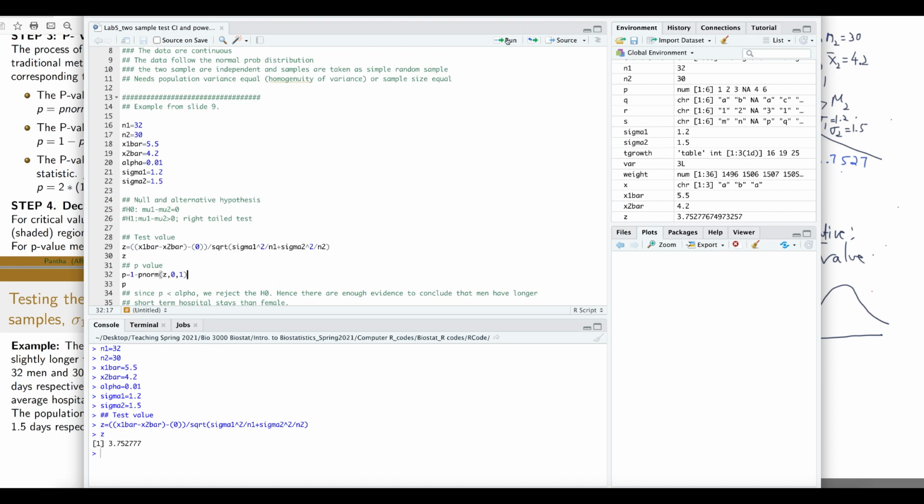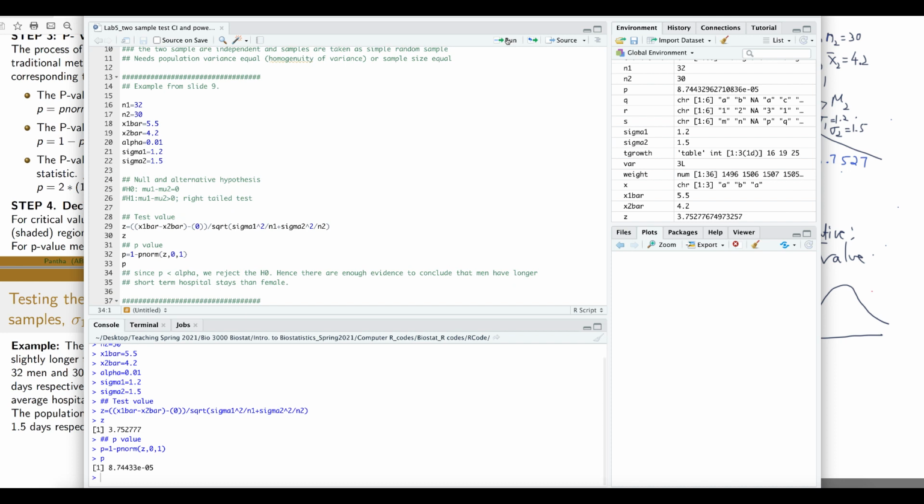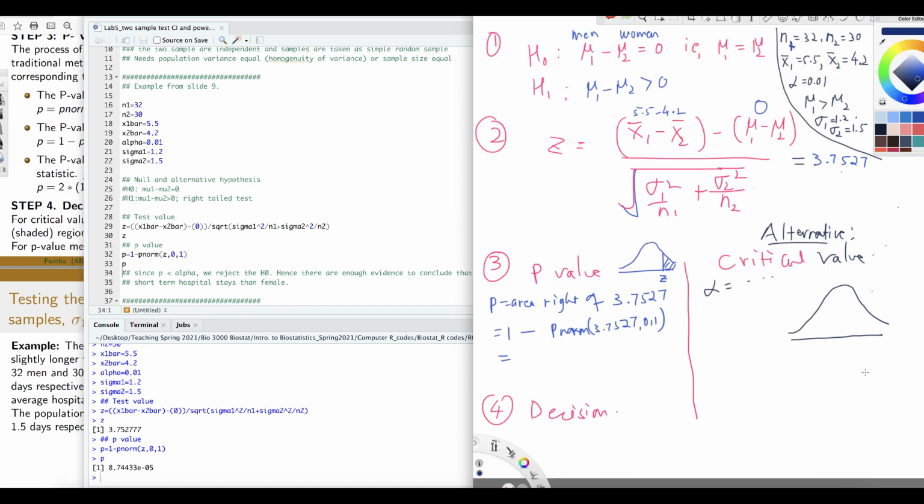That P value is very small actually. It is 8.7443 times e to the negative 5, meaning 10 to the negative 5. That is 0.00008 and then 74.